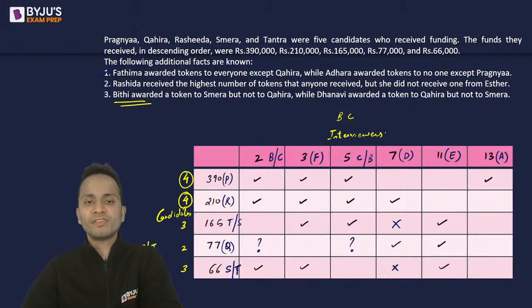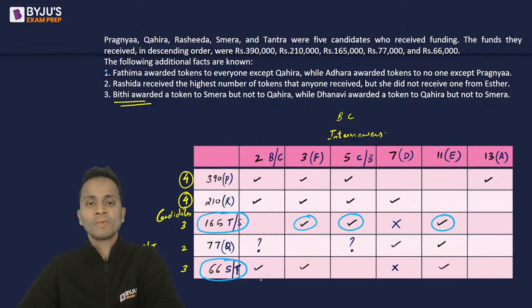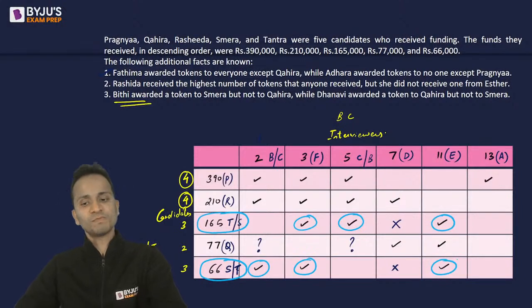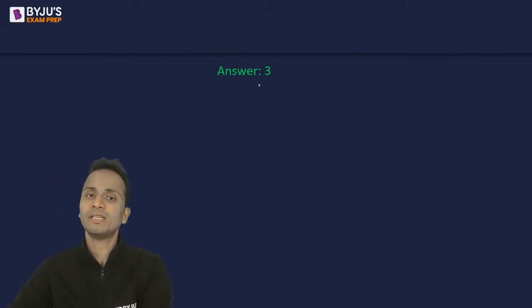Samira can have a funding of 165 or 66, right? If the funding is 165, then she has received 1, 2, and 3 tokens. 3 tokens, and with the funding of 66,000, she has also received 3 tokens. So once again, unique answer for this question. The answer should be 3.